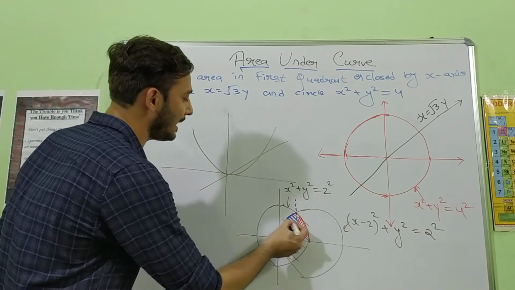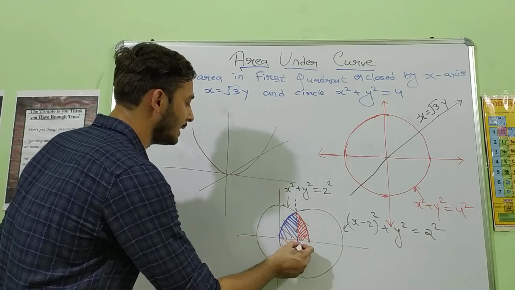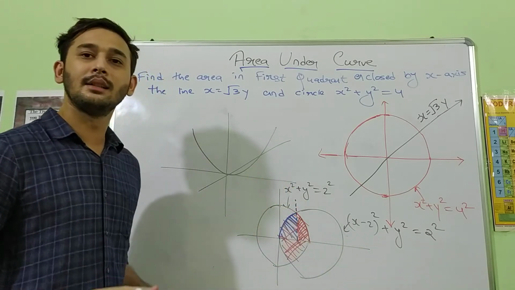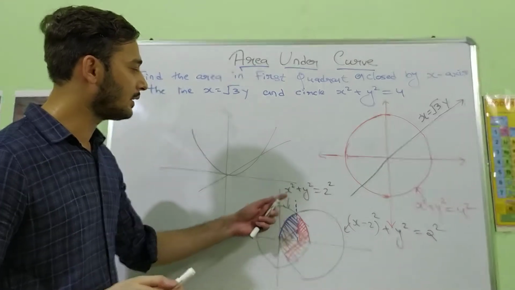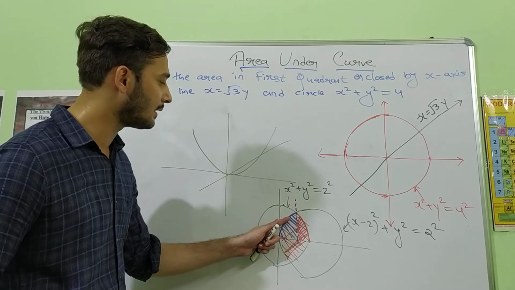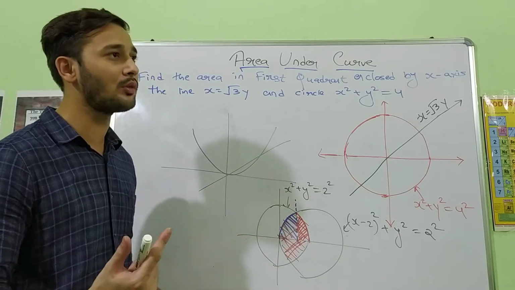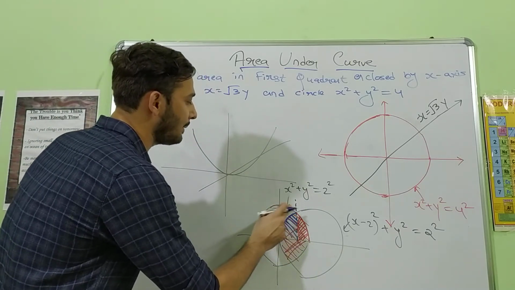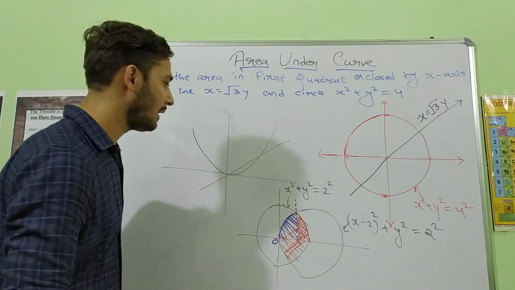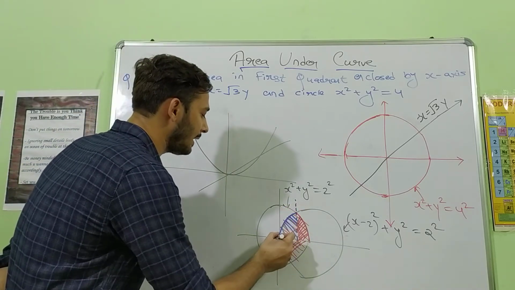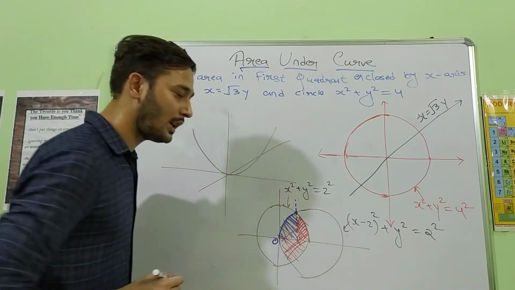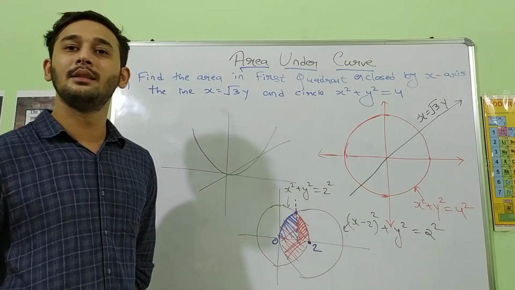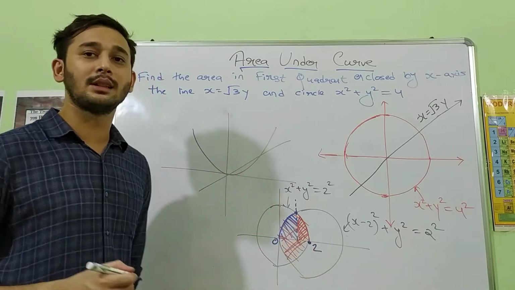Now I can add both areas and multiply by 2 so that I get this entire area. So we need to integrate this thing first plus this thing. Now the question is limits. You can find the point of intersection of these two circles, whatever it is. Then integrate from 0 to the point of intersection for the first one, and from this point of intersection to the center of the other circle, that is point 2. You can integrate the two curves.